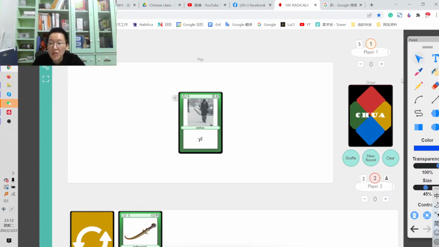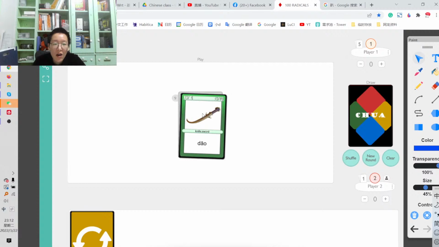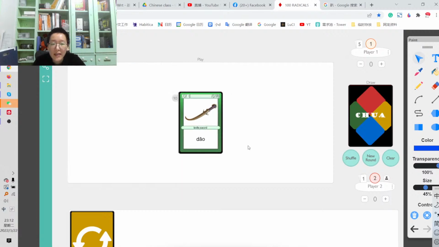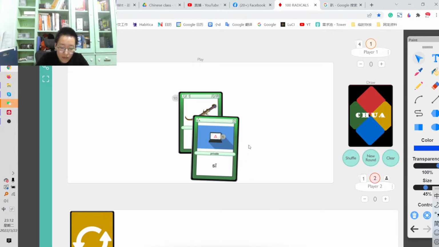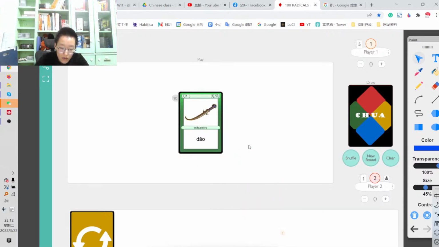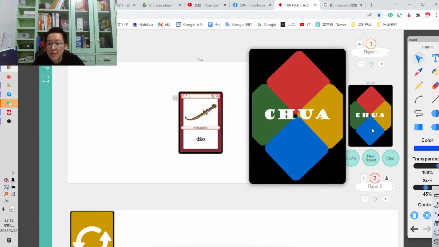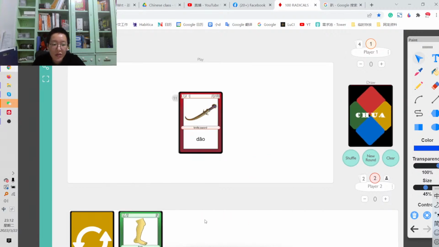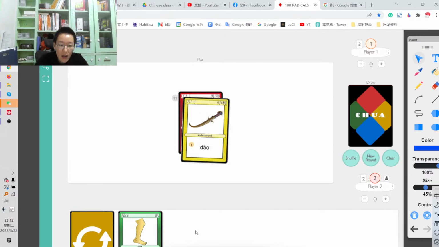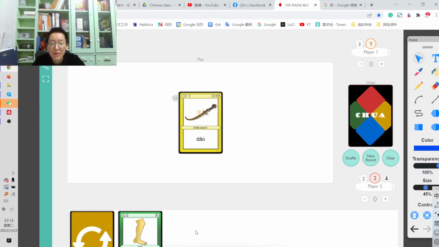Okay, so it's my turn. 刀 again. 刀 also. 刀, knife, sword. So I don't have cards. I still don't have cards. It's the turn of my opponent. 刀, yellow card.